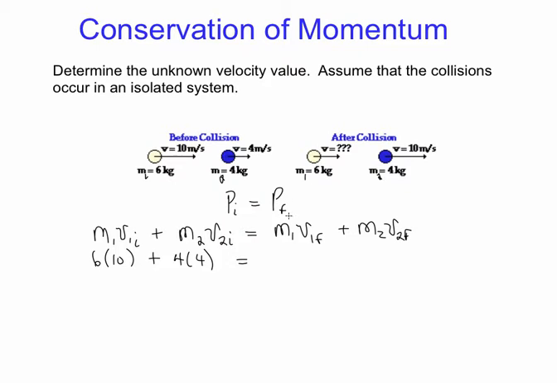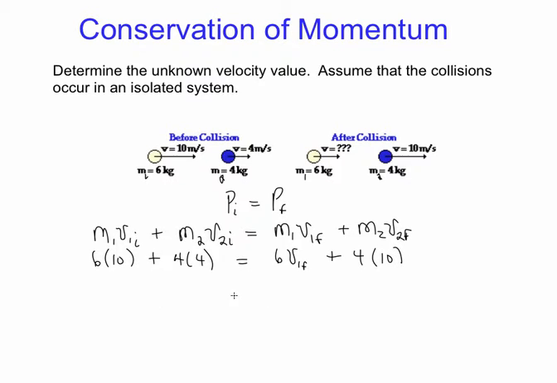That's going to equal M1, which we said was 6. I don't know the final velocity of object 1, so I'm going to leave that as V1F. The subscripts are just telling us which object so we can keep track. M2 we said was 4 kilograms, and V2 final is 10.